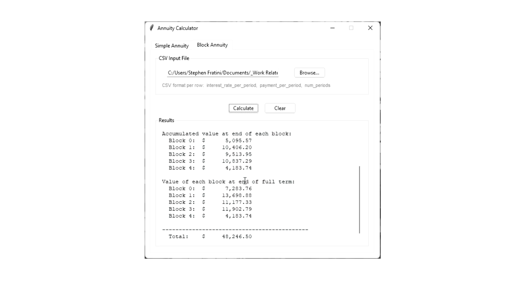So this second list here is showing you the full amount of the payments and the interest of block 0 all the way to the end of the 4th block, and so on for blocks 1, 2, and 3. And as I said, this one doesn't accrue any more because it's the last block. And then all these are added up, and it gives you the final solution here.